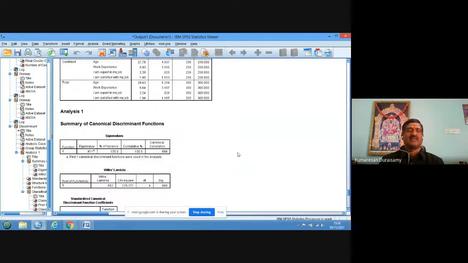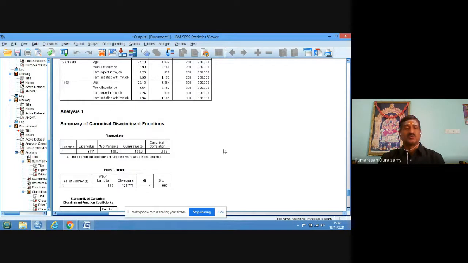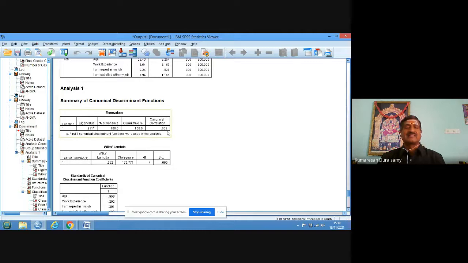Okay. Now, let us see the summary of canonical discriminant functions. I told you, functions, so canonical discriminant functions. Look at this, 0.669. That is the correlation coefficient. So the relationship between these two groups is to the extent of 66.9%.